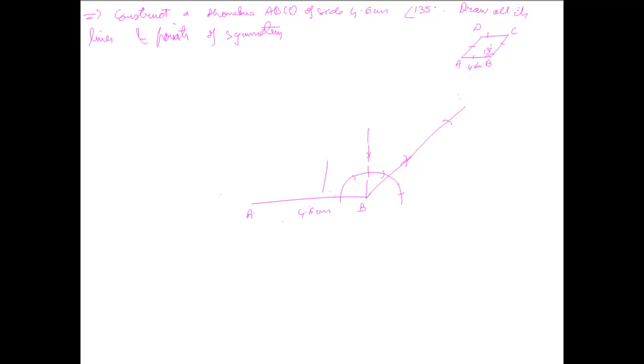We'll take this measurement 4.6 and mark, and from here 4.6 and mark. That'll come out to be somewhat like this, children. That's A, B, C and D.